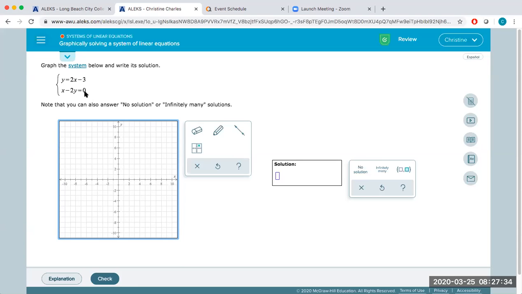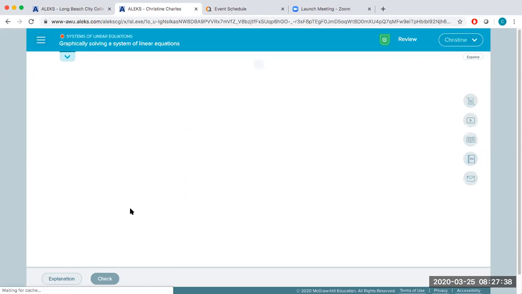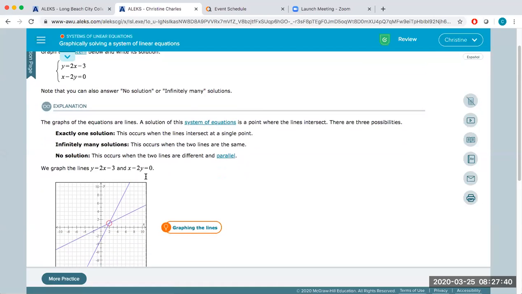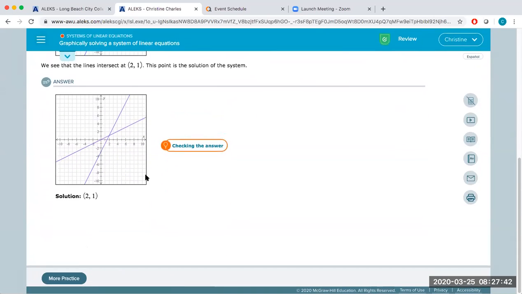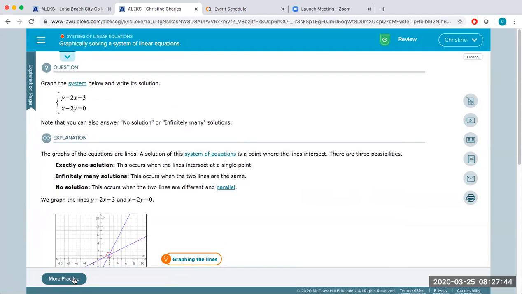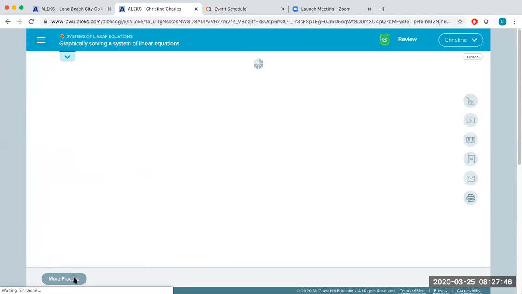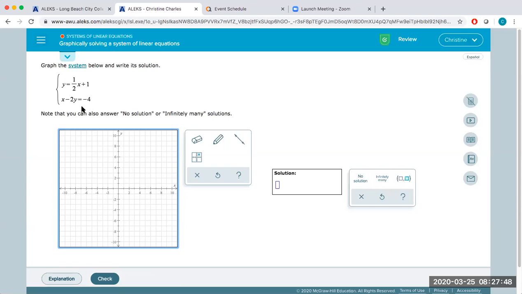This one's going to give us 1. Let's go to an explanation, see if it's there. Yep. Let's try one more. This one should work out.